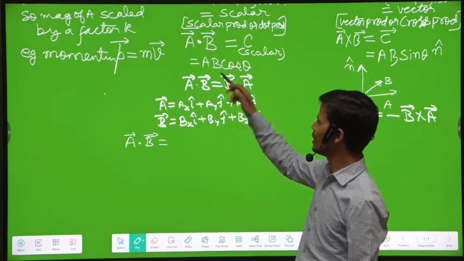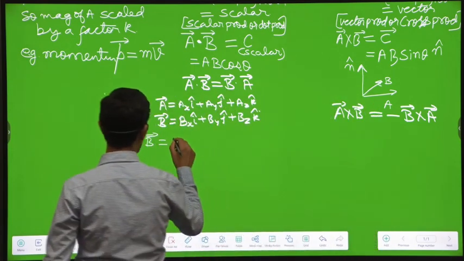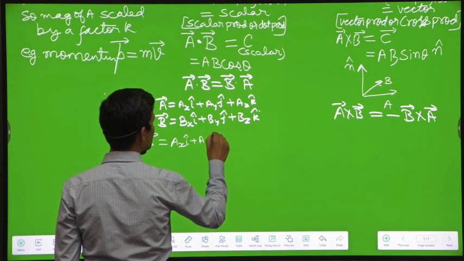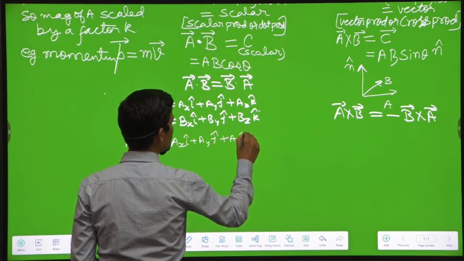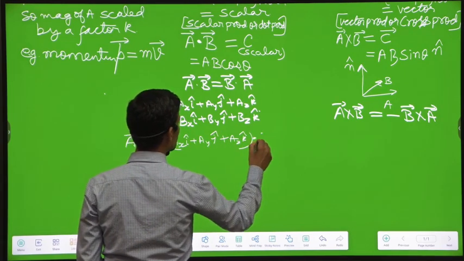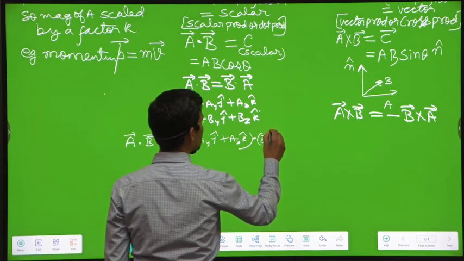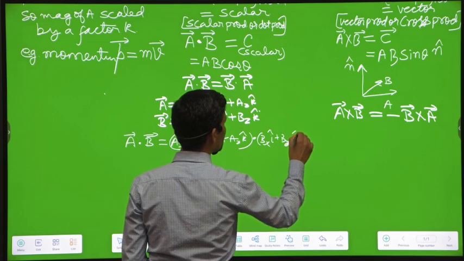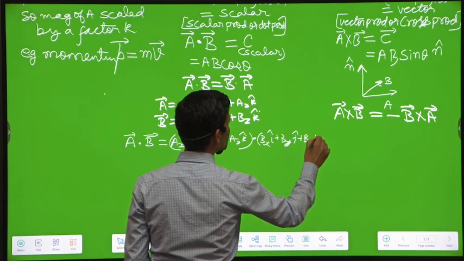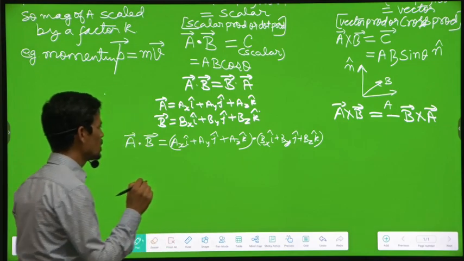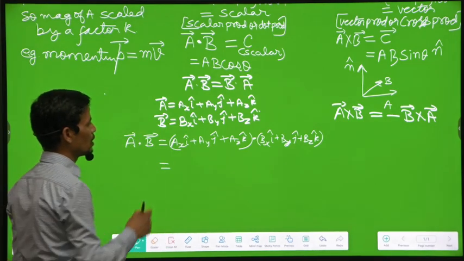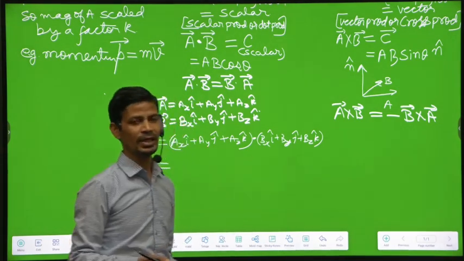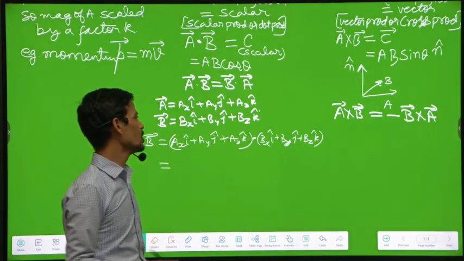I can directly multiply both of them like this: ax i cap plus ay j cap plus az k cap dot bx i cap plus by j cap plus bz k cap. And see, there will be 9 combinations. We can simply multiply it and there will be 9 combinations.